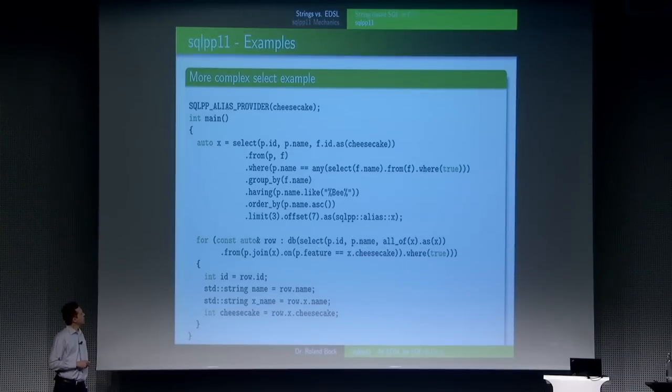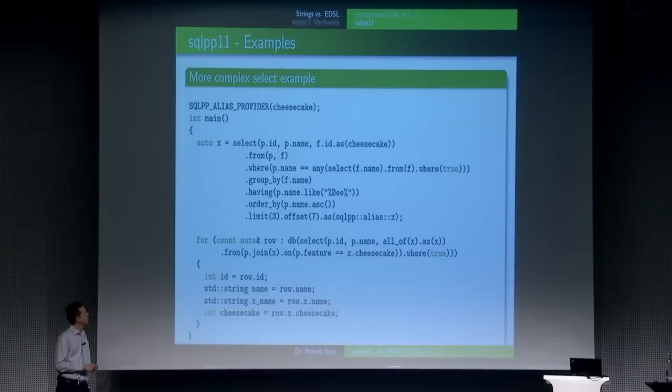And then we select columns again. We would have name clashes again if we didn't pay attention to this, but the compiler again, of course, would tell us. So we select ID and name, and then we want to select all columns of X. Now X has ID, name again, so that will be name clashes. So what we do is something that cannot be done in normal SQL, but can be done in this library as a convenience feature: we take this whole group of columns and give this group a name.